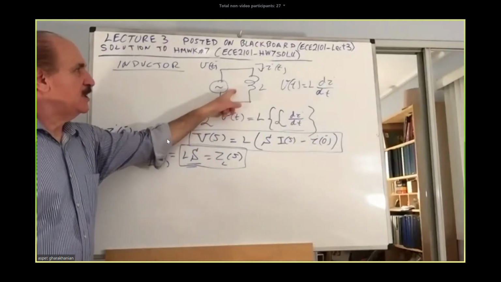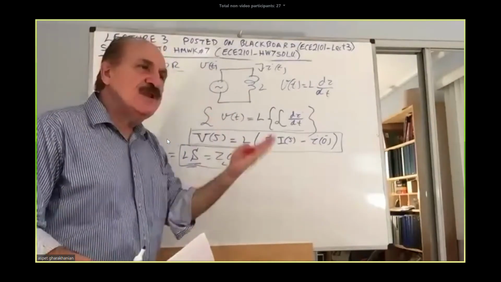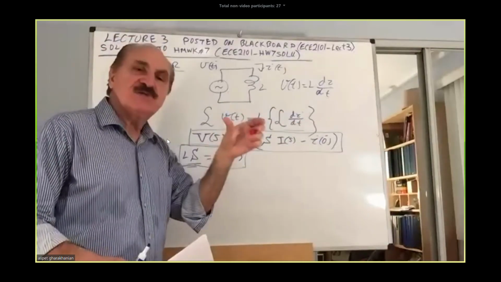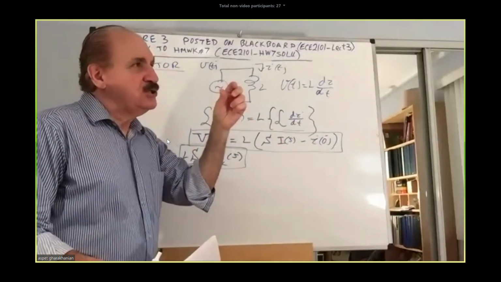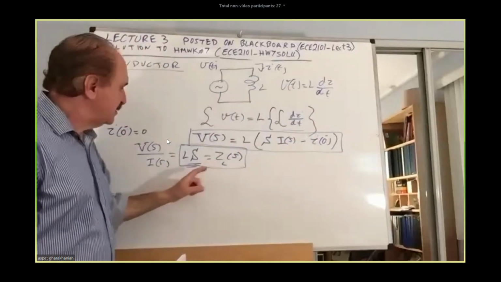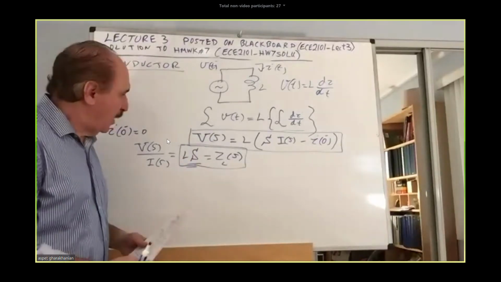So we'll show L times s as an impedance. Again, try to relate it to the j omega L in AC circuits. We had j omega multiplied by L. Here you have s multiplied by L.